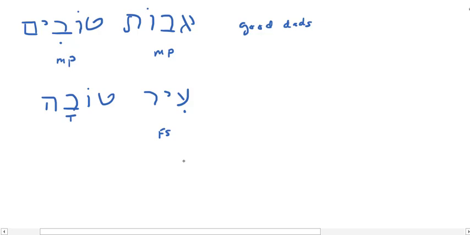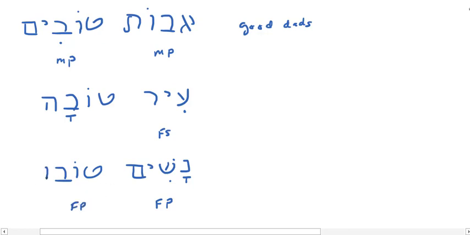How about this? How about the word nashim? What's nashim? It's women. So what gender is nashim? It's feminine plural. So what form of tov do I have to use? Got to use the feminine plural.